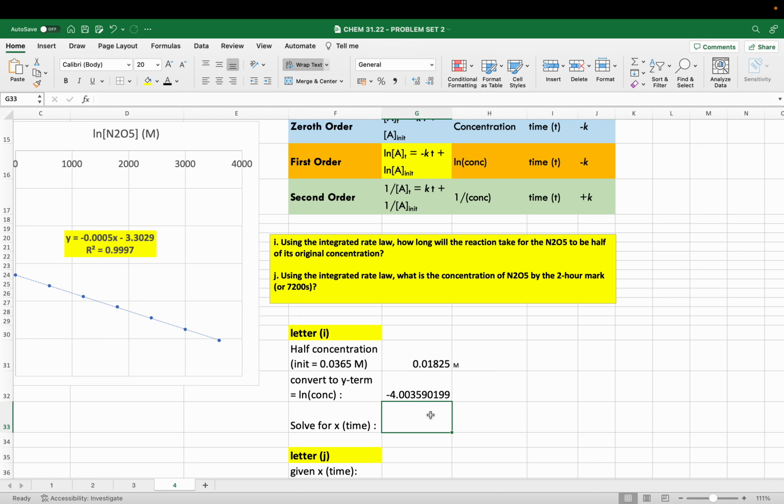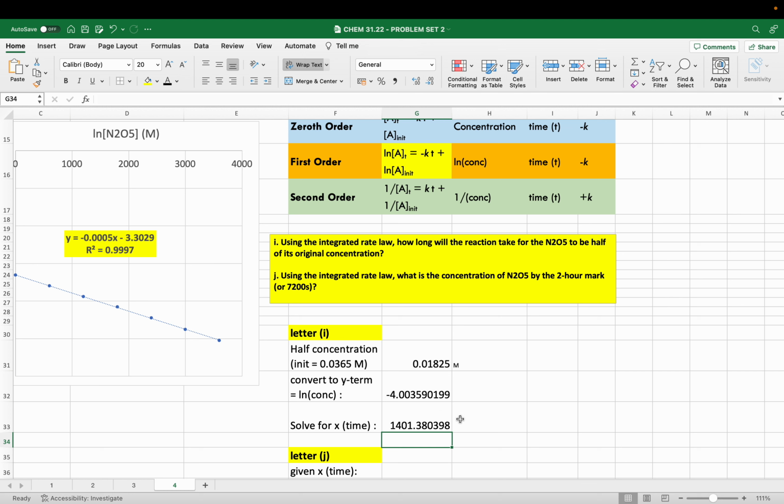So we're going to use again the equation of the line that we have, our y, which is just this. We're going to add the intercept value of 3.3029 according to our plot, and then divide everything by negative 0.0005, or our slope.